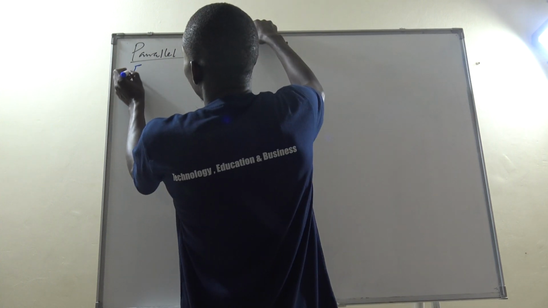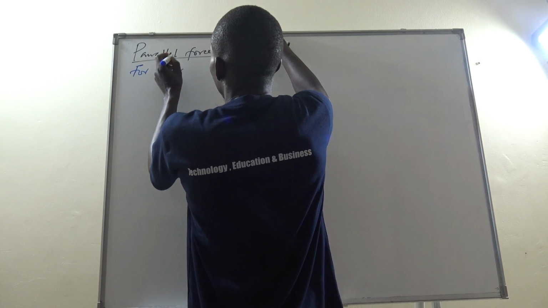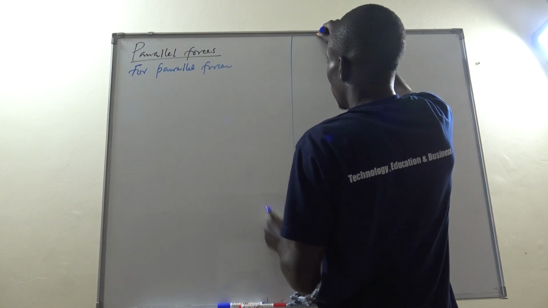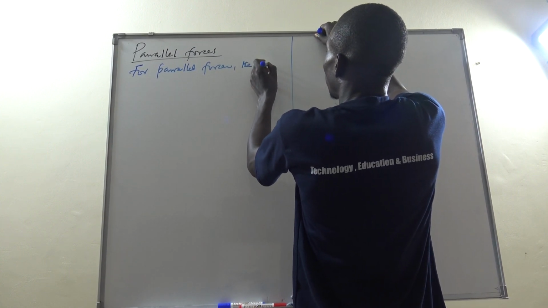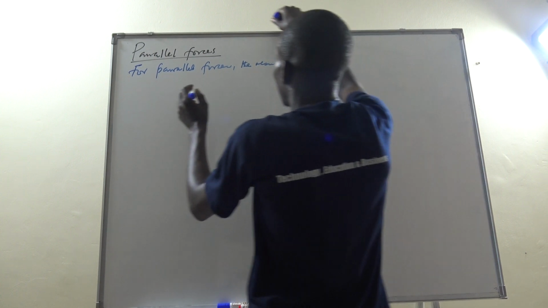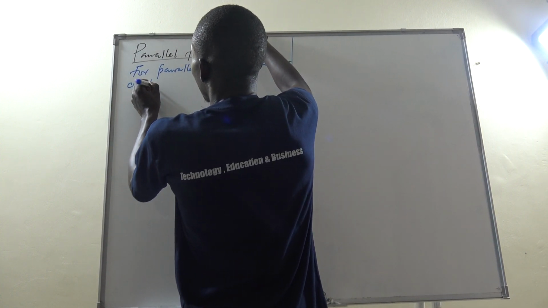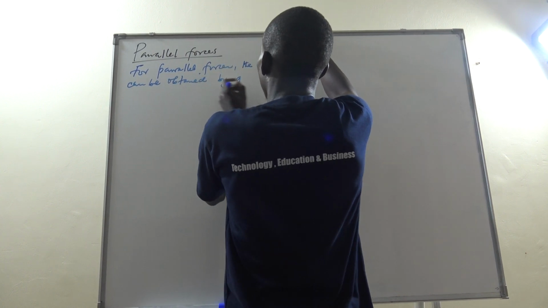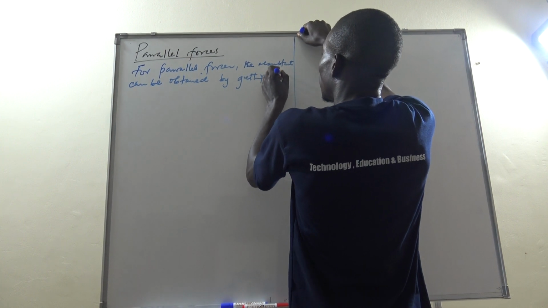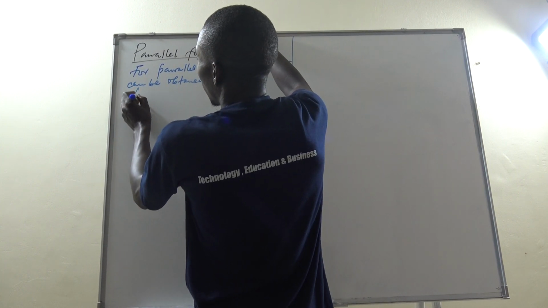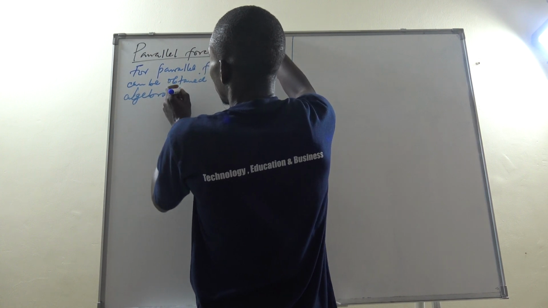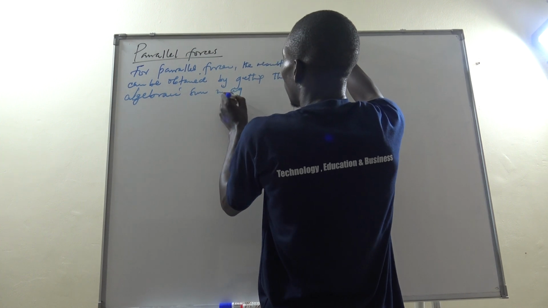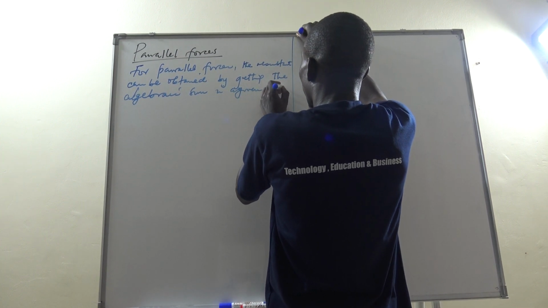So we can say, for parallel forces, the resultant can be obtained by getting the algebraic sums in a given direction.